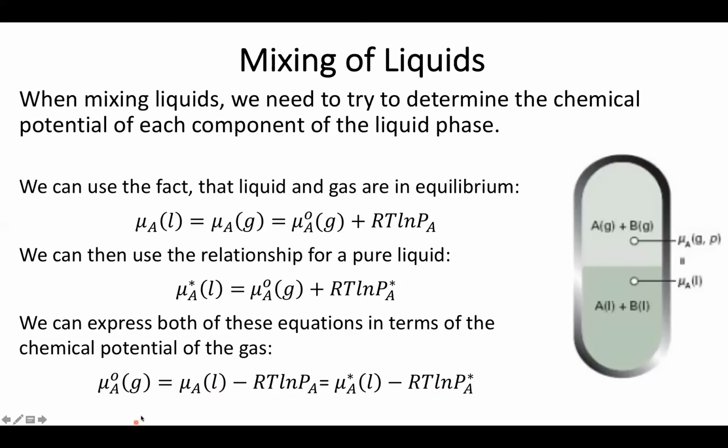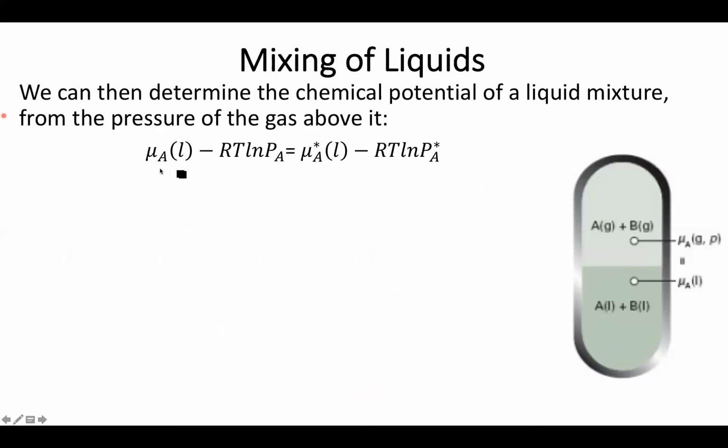And so at this point, I now have a relationship between the chemical potentials of the pure and mixed states. So using this relation of chemical potentials, I can generate an expression that will isolate the chemical potential of my mixed species, which again is what we're really after.